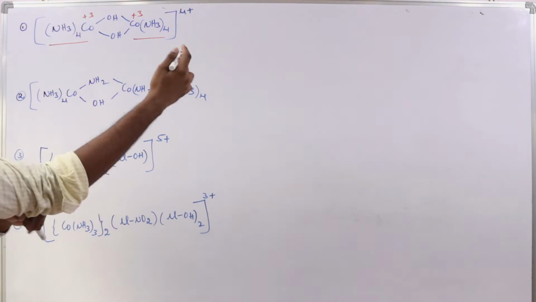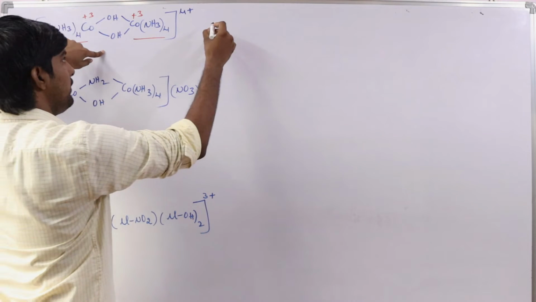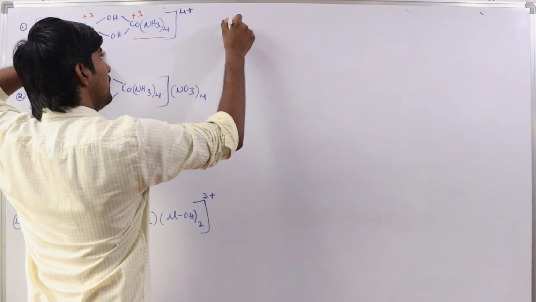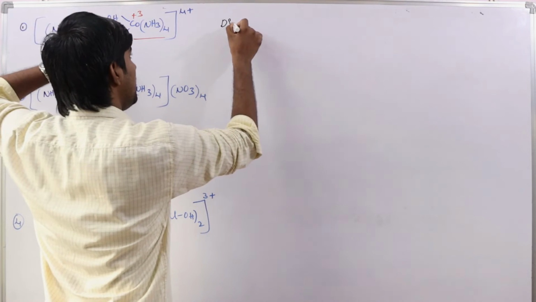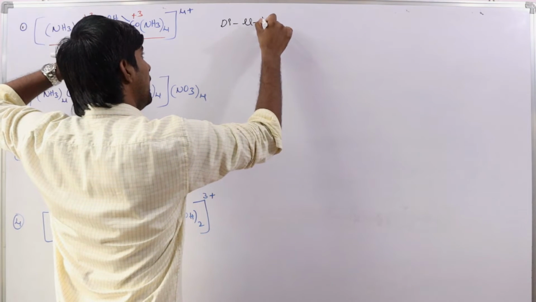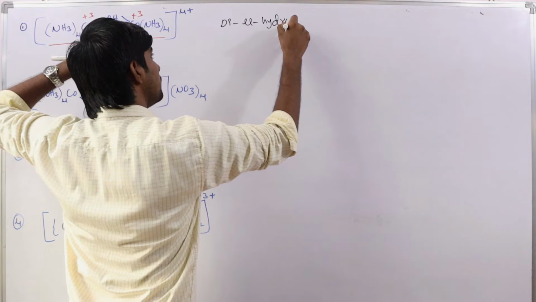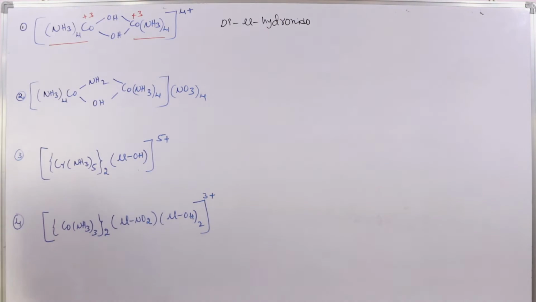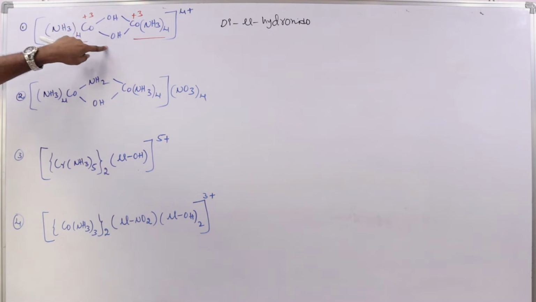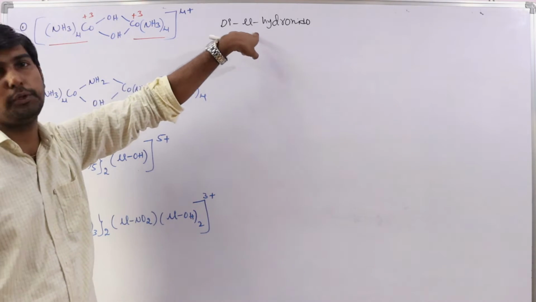In this case, first we have to write the bridged ligand name. We have two bridged ligands, so that's why di mu hydroxido. This is a hydroxido ligand bridged, so that's why we are using the mu symbol.